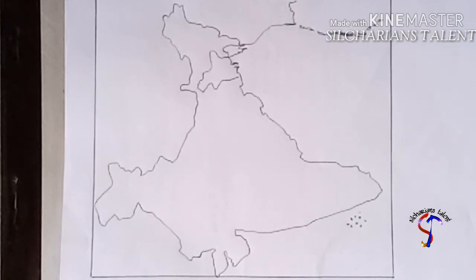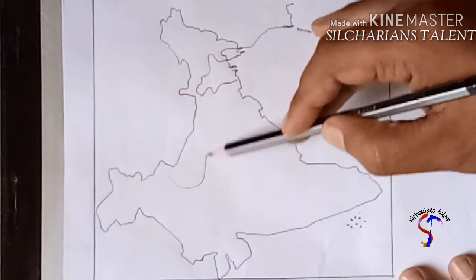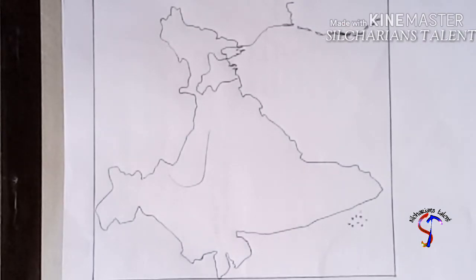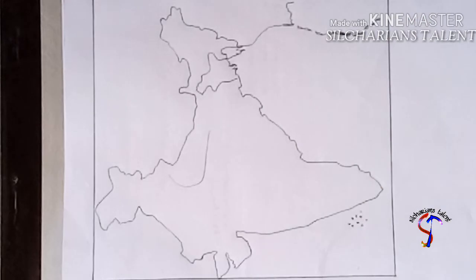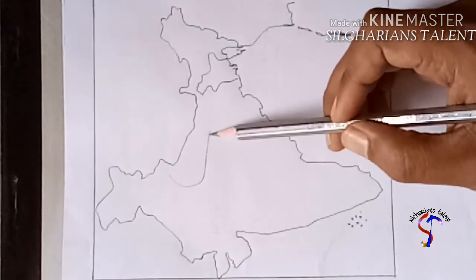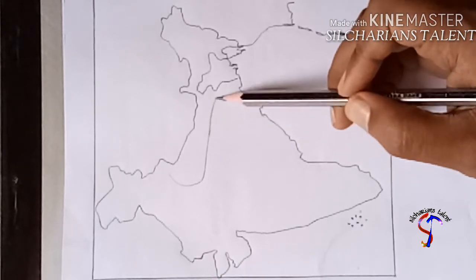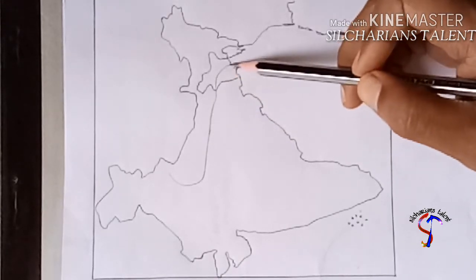You can't just draw simply a line. For example, I want to mark Ganga, so you cannot just draw like this. This is not Ganga. You have to go to its exit point, or the point where it meets the sea or other rivers. Roughly we can say river Ganga flows, continues and goes towards this.